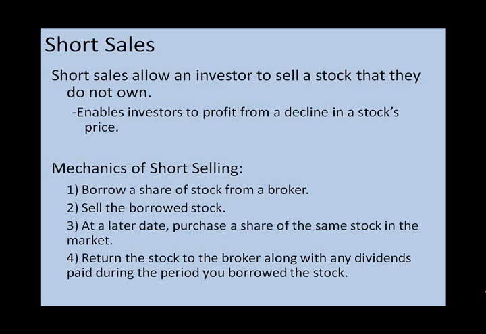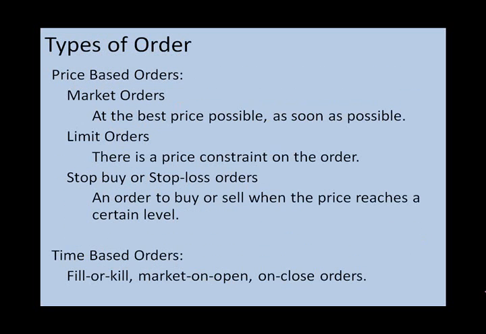Now let's consider all the different types of order that you can place in the market. We have two main types of order. We have price-based orders and time-based orders. If we think about price-based orders first, the most common order for individual investors is probably the market order.